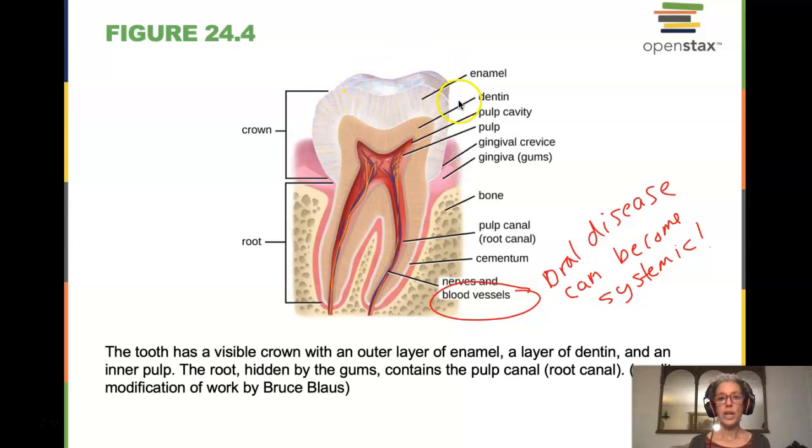The enamel is the external surface, and we get deeper in layers until we get to the pulp, which actually does have blood vessels and nerves. And because of that, if we have dramatic tooth decay or breakage, dental disease can actually become systemic because it can enter into the bloodstream. That is why dental care is a critical part of our health care.